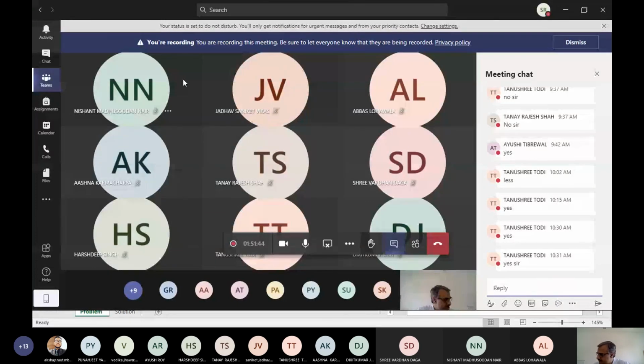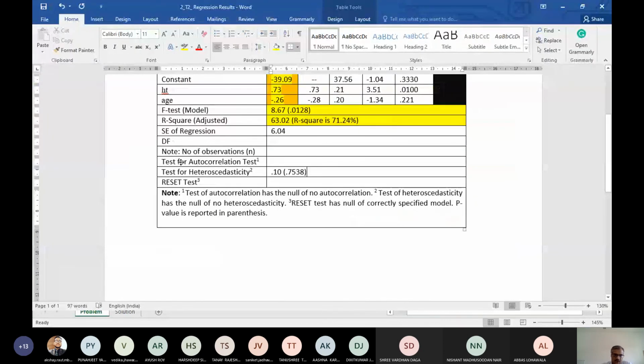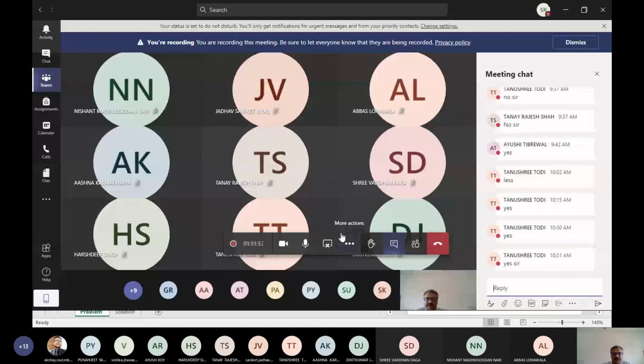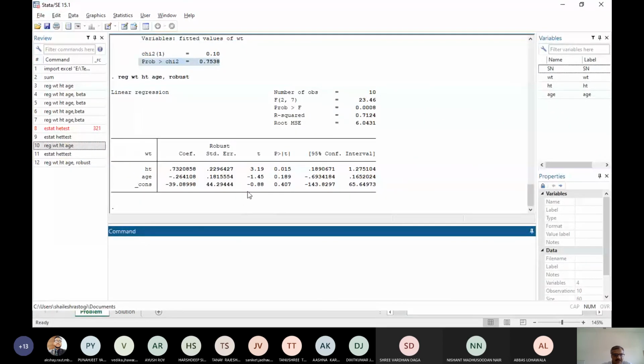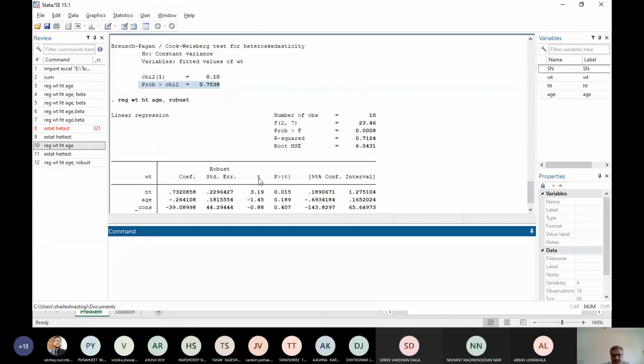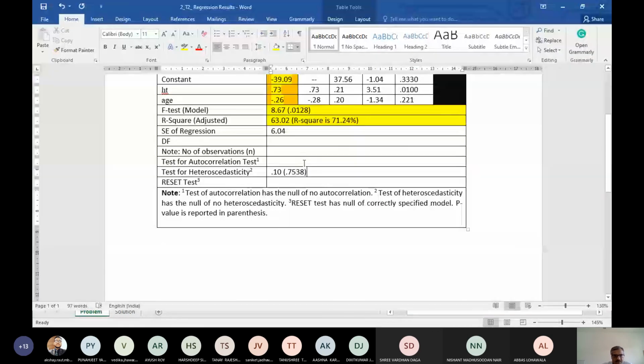Any other follow-up question? So let me just finish these 2 portions, the degree of freedom. When you look at this regression, you will find that the number of observations is clear: 10. You can note down the number of observations.